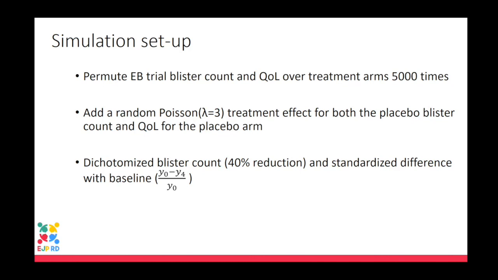So you lose quite some granularity in the data when dichotomizing. We can look also at the count itself, but then we need to standardize that. So we take the count at week 4, subtract that from the count at baseline, divide it by the count at baseline, and then compare those numbers within the pairs.